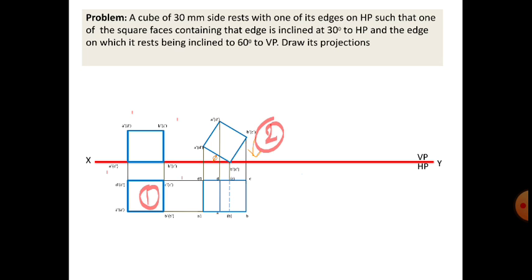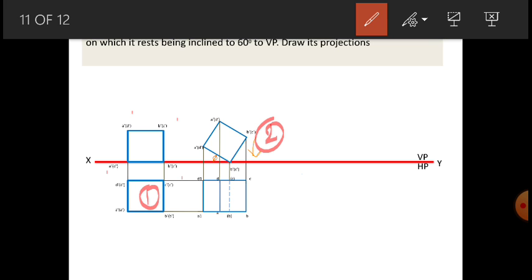Why is the object looking larger than the original cube? Because we have tilted the object, so we will be able to see this edge and this edge, and the dotted edge is the lower edge, so we will not be able to see that edge from the top, because we are seeing the top view here.